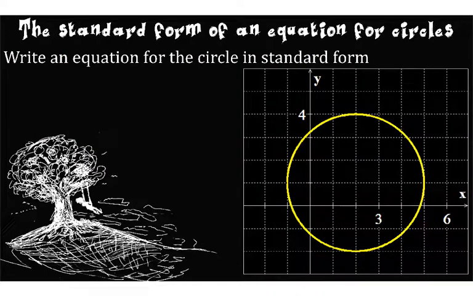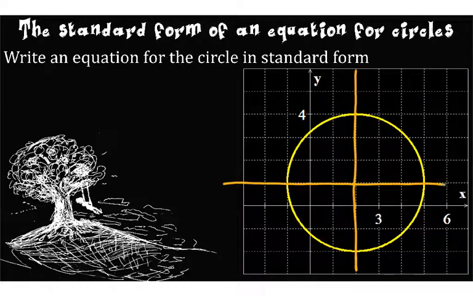Here we have a circle. We need to identify where its center is. One way of doing that is to draw a vertical line and a horizontal line, so that you can see that it crosses right here, and that is going to be at the point (2, 1).